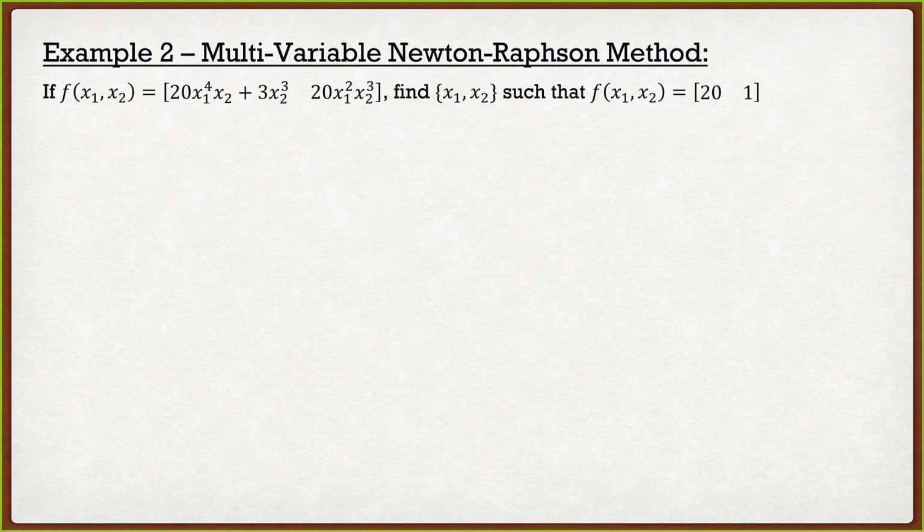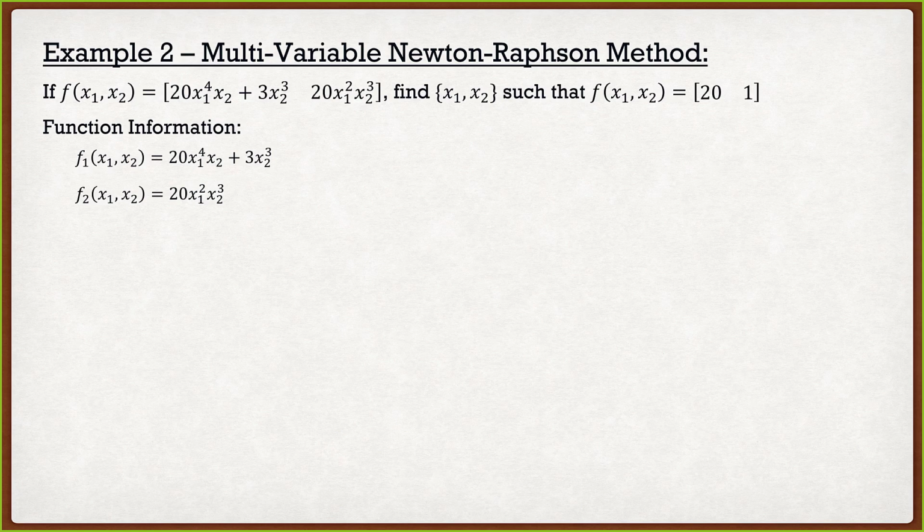So let's look at an example where we have these multivariables. If we have two functions, we have f1, which is 20x1 to the fourth, x2, plus 3x2 cubed, and we have a second function f2, which is 20x1 squared times x2 cubed. The question is, how can we solve for x1 and x2 such that our function now returns us with 20 and 1?